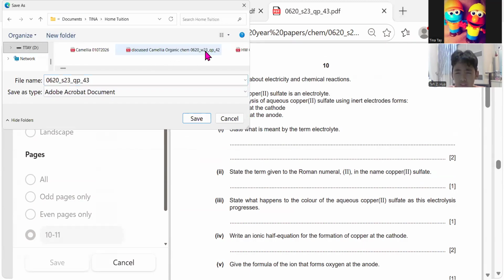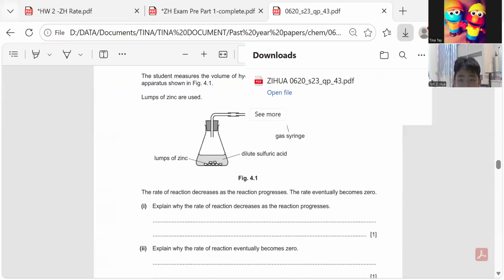O2 plus... write it down. If hydroxide is chosen to be discharged, how would the equation look like?